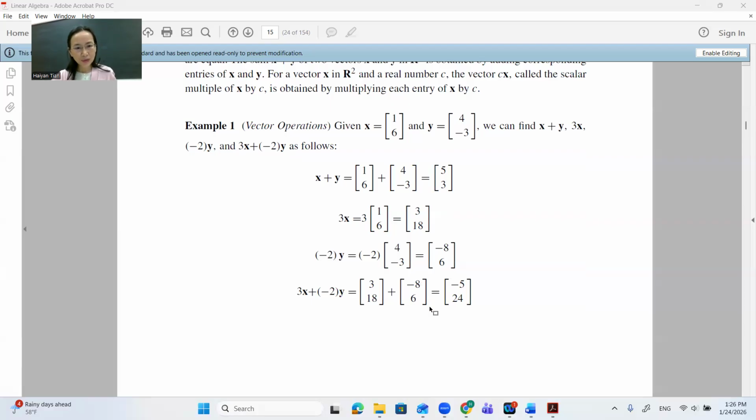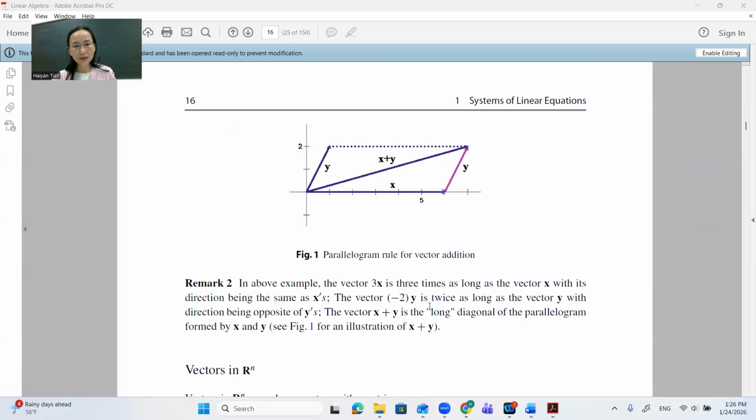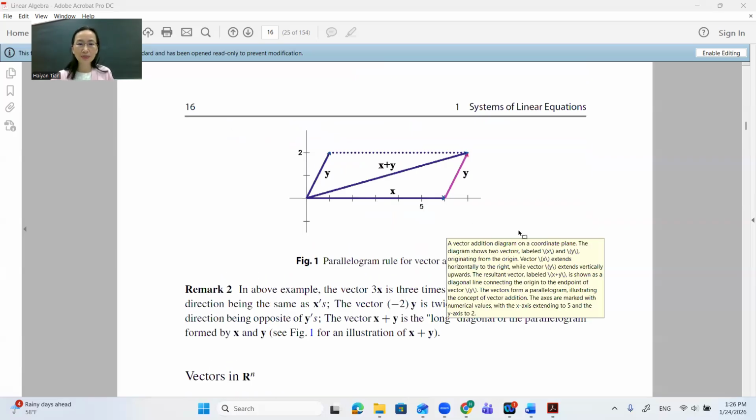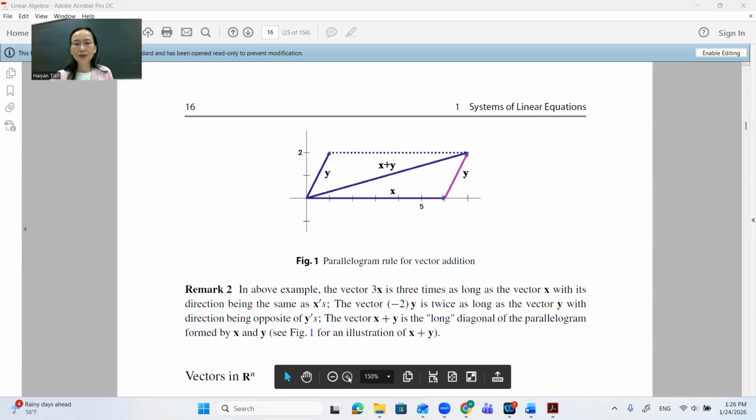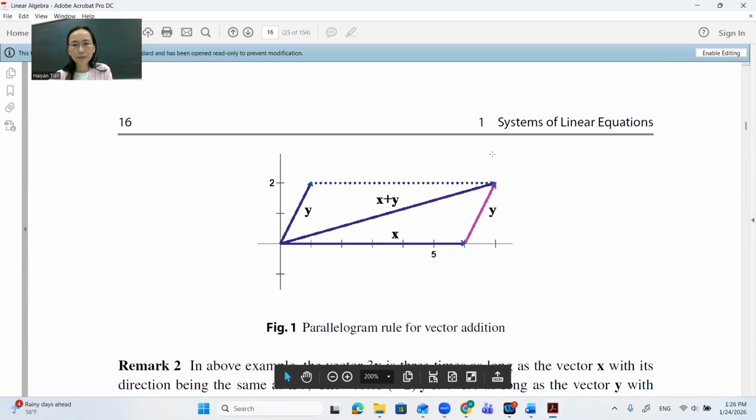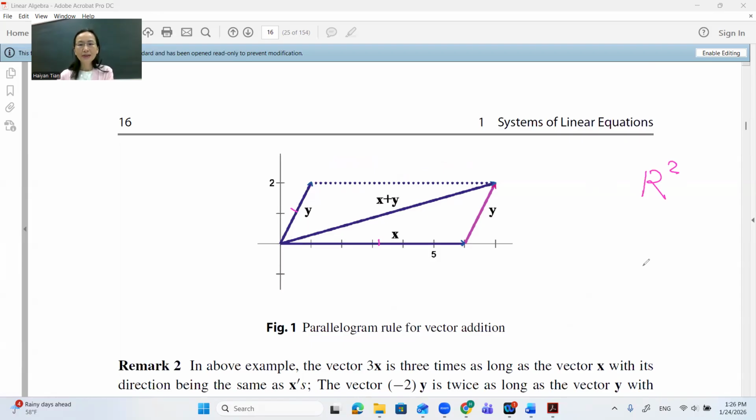So now if you can do the sum and scalar multiple, what is the geometric meaning of this operation? So let's see this picture. If you add any two vectors, so here x and y, we show some given vectors x and y in the R2 space, that means a two-dimensional space.